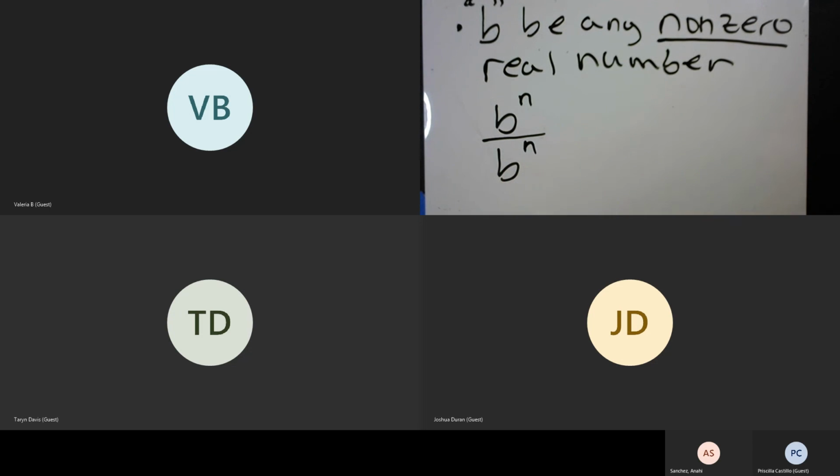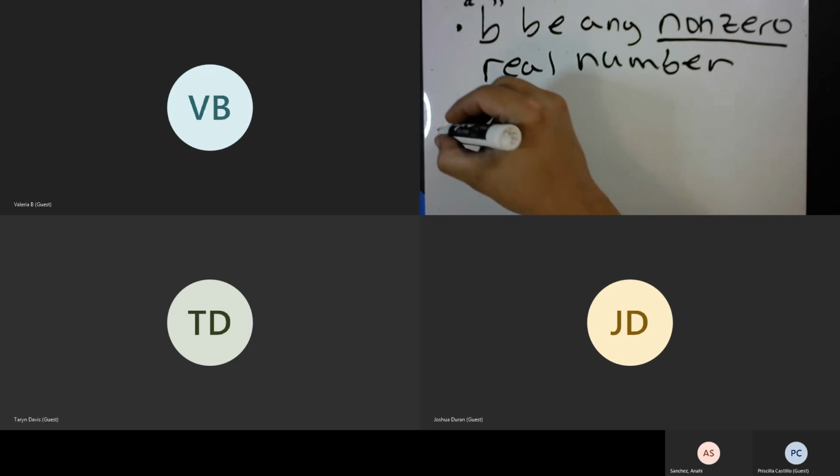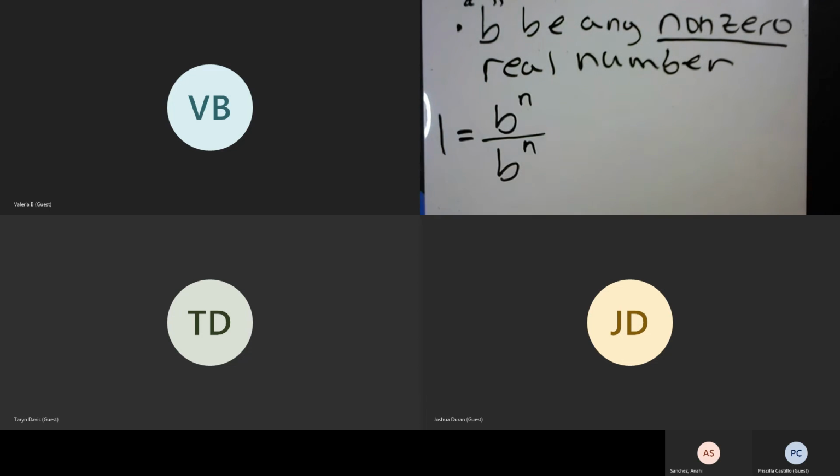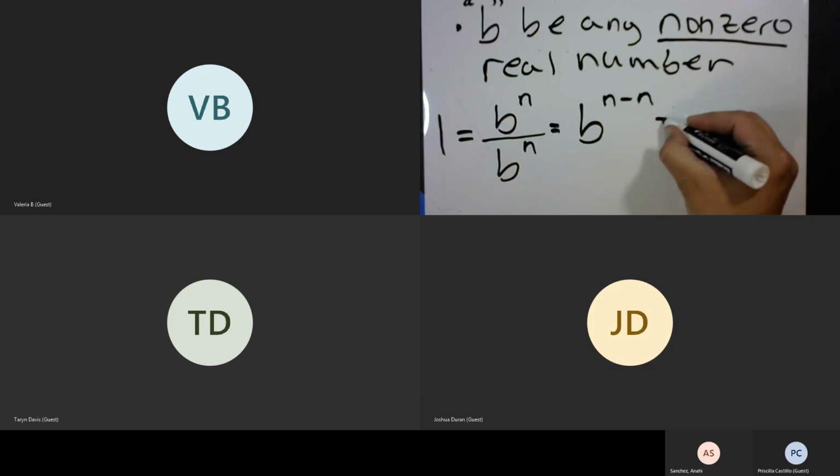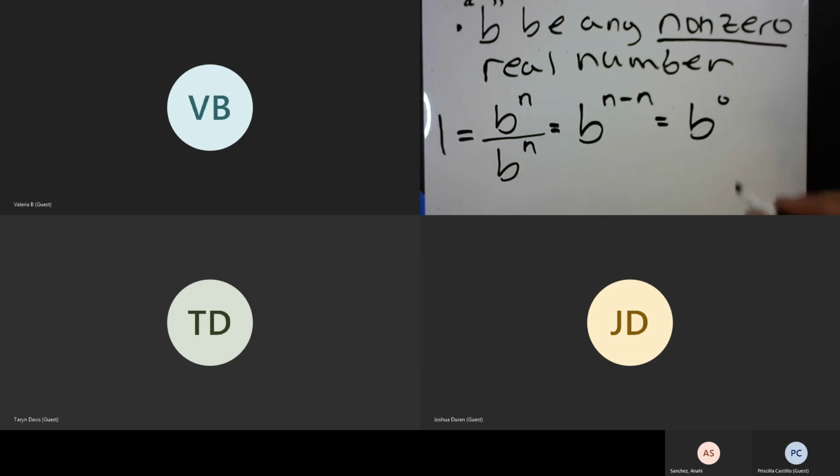Well, we're dividing something by itself, like 3 divided by 3. Well, that's always equal to 1. But we also know that we can rewrite this as B to the n minus n, or B to the 0.